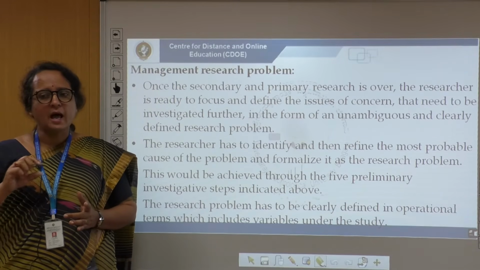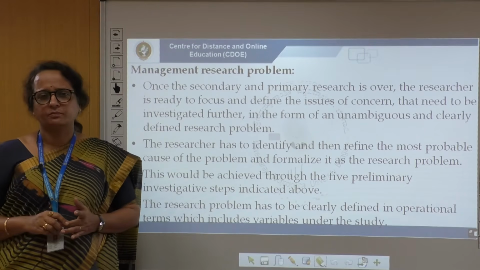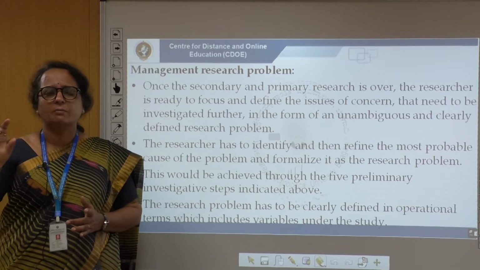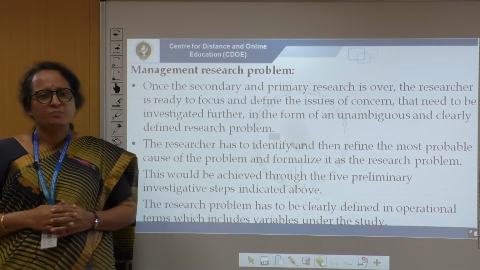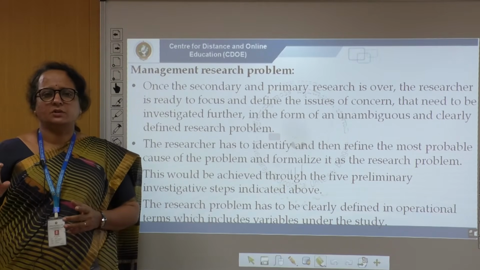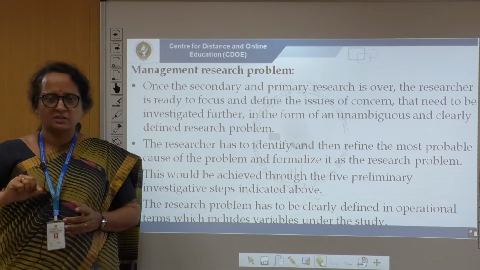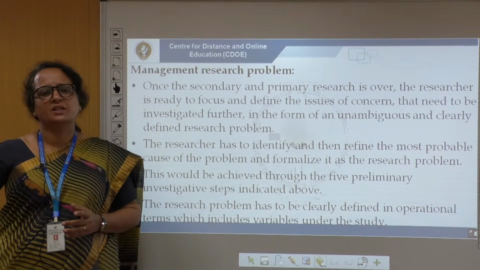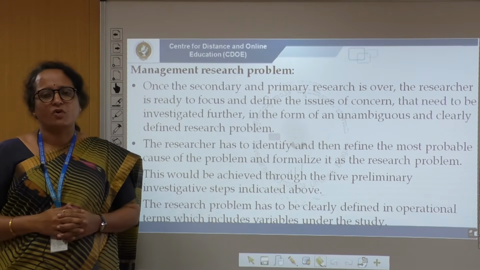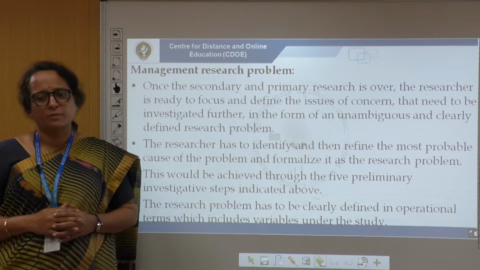In the form of an unambiguous and clearly defined research problem, a very clear definition without any confusion, the research problem will be stated in a precise way. In other words, the researcher will define the problem in clear operational terms: what exactly the issue is, what information we have to gather, from whom, and in what period we have to collect this information.